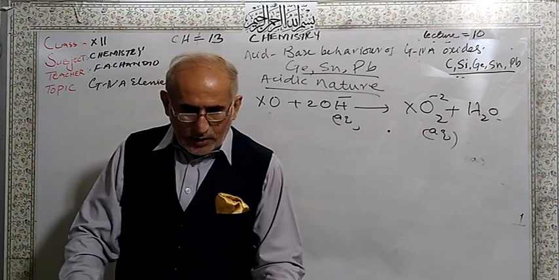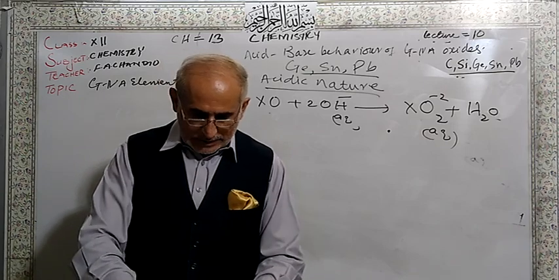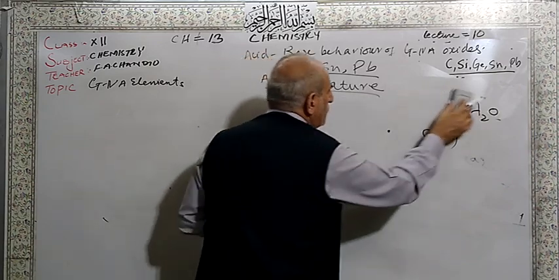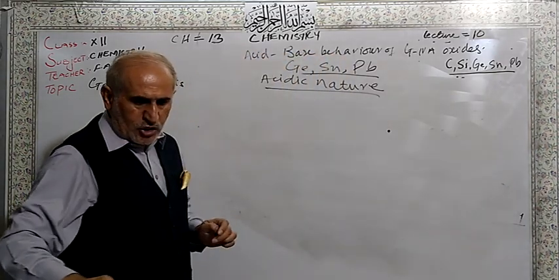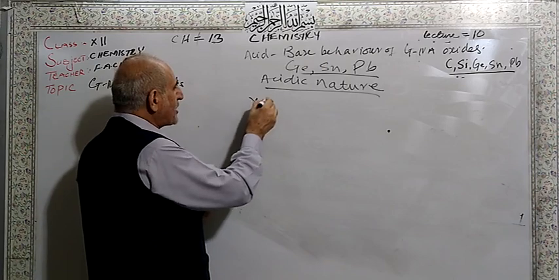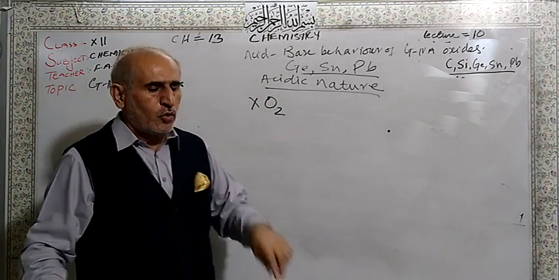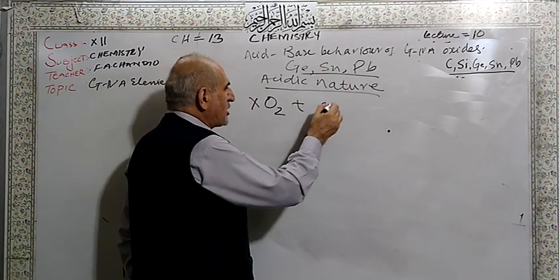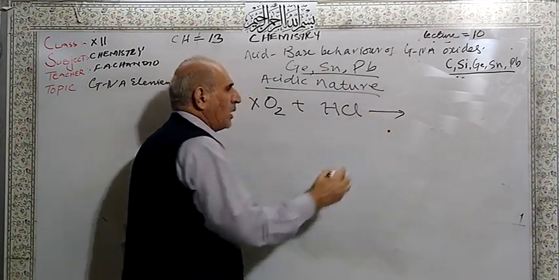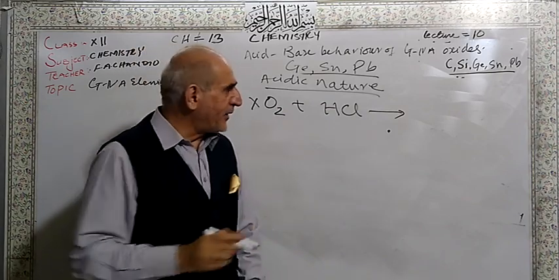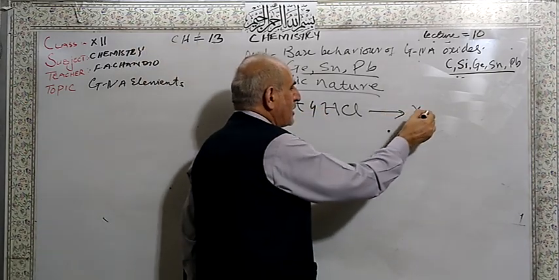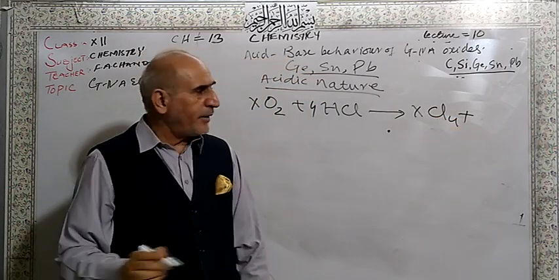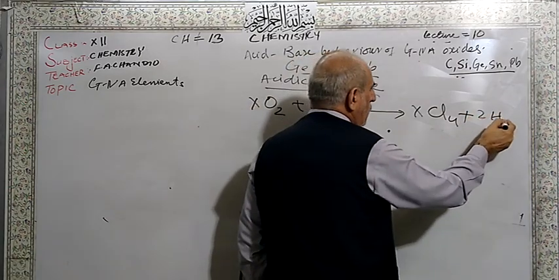So now dioxides. We have done the monoxides, now dioxides. Dioxide means XO2. If the dioxide reacts with HCl, hydrochloric acid, you will get HCl4 and 2 moles of water.